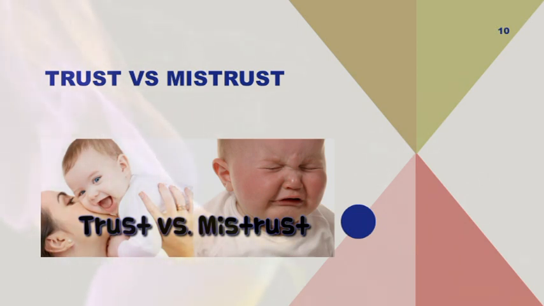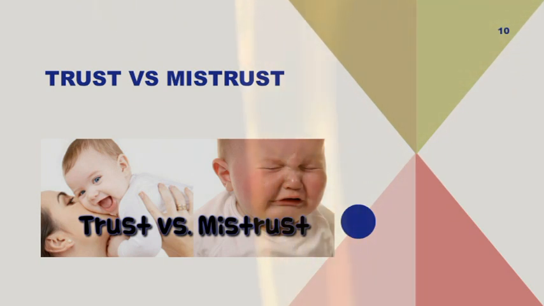When caregivers consistently meet the infant's needs for comfort and nourishment and security and affection, the infant develops a sense of trust and confidence in their environment. They learn to rely on others for support, develop a positive outlook on the world, and feel secure in their relationships.